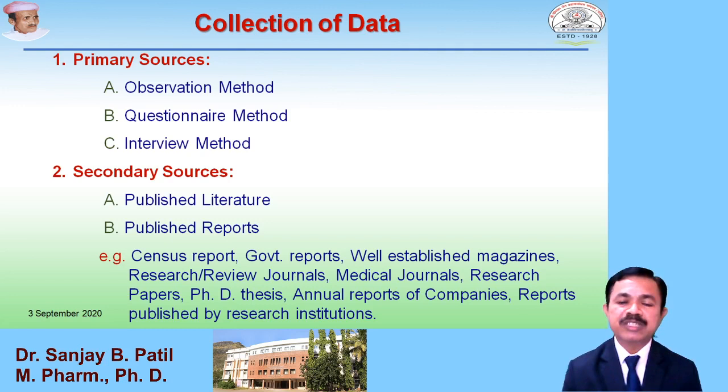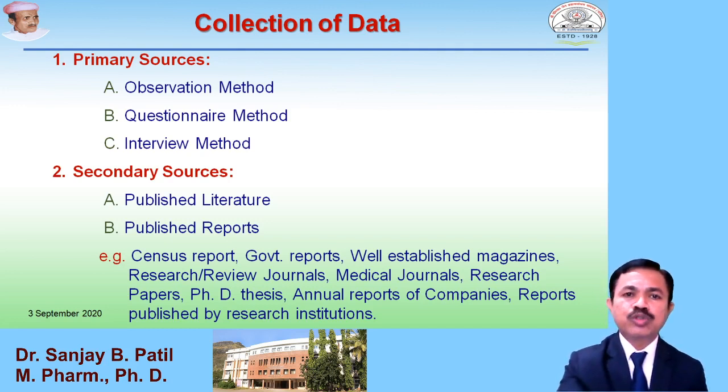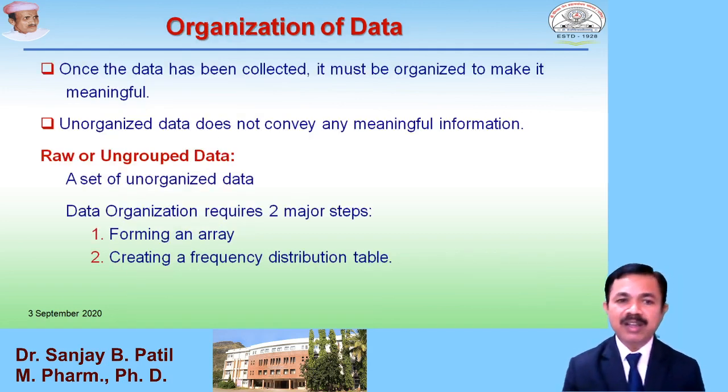Examples of secondary sources include census reports, government reports, well-established magazines, research journals, review journals, medical journals, research papers, review papers, PhD theses, annual reports of companies, and reports published by research institutions. All are examples of secondary sources of data where the data is readily available.